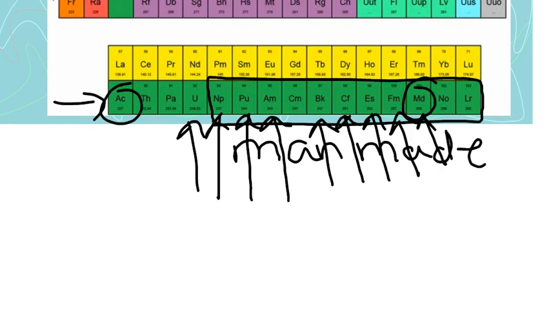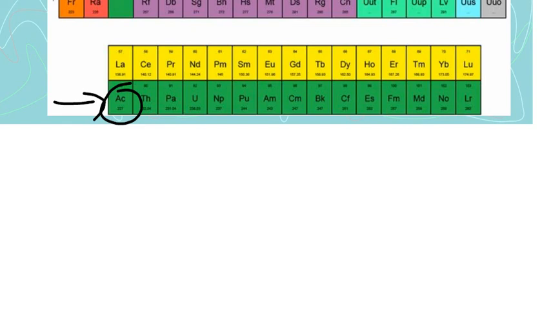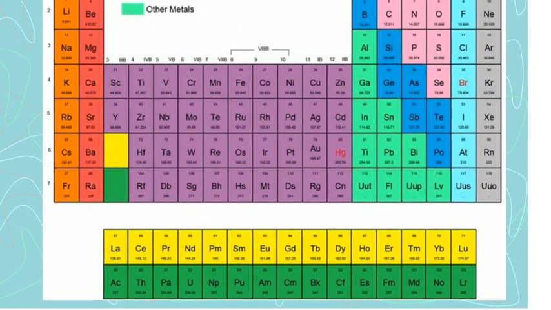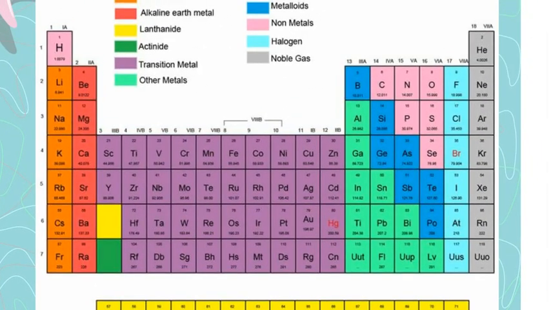So a lot of these elements were named to honor different scientists or different universities where they were discovered. So we're going to learn a lot more about the periodic table of elements in the next coming units.